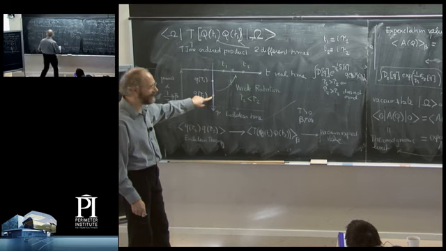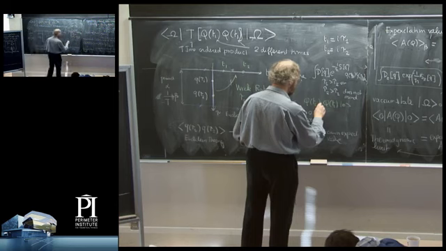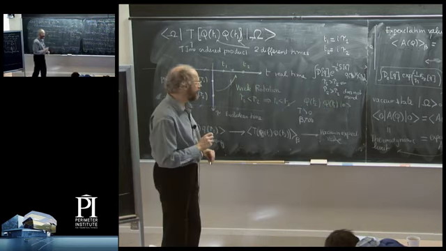So what I'm computing in the time ordering is: first, this is the initial state, then I apply q of t1, then the system evolves, and then I apply q of t2. Okay? And then I have a summation. So here this doesn't matter.